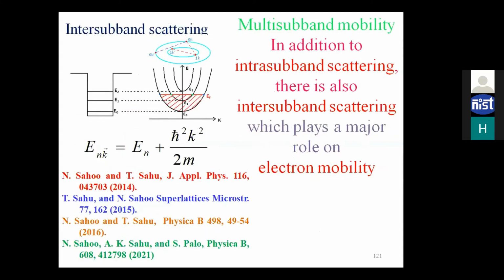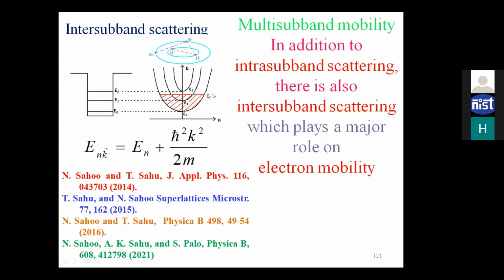Then we go to the important one that we have discussed, the inter-subband scattering. Say this is a quantum well. These are the discretized energy levels E0, E1, E2. Let the red one be the Fermi level.